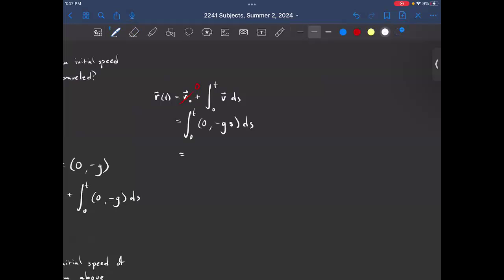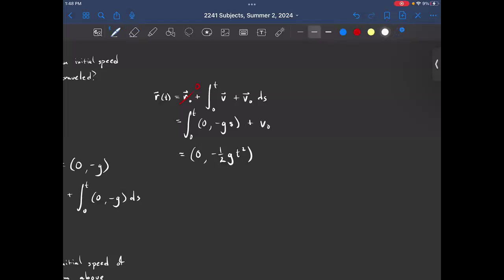Okay, and we get minus 1/2 g t squared now. Oh, and I forgot my initial velocity, sorry, plus v0 ds. So we got to add that part in here.